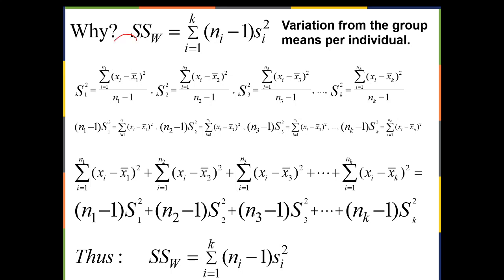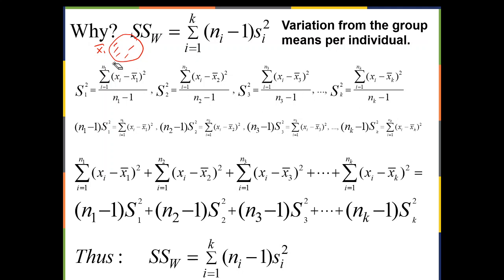Let's say this is group number 1, which has a bunch of x's here and has an x1 bar. I'm going to take each of these x values, subtract x bar from it, raise it to the second power, and add them. Then divide by n1, which is the sample size for group 1, minus 1. And then I have to do the same for all groups.